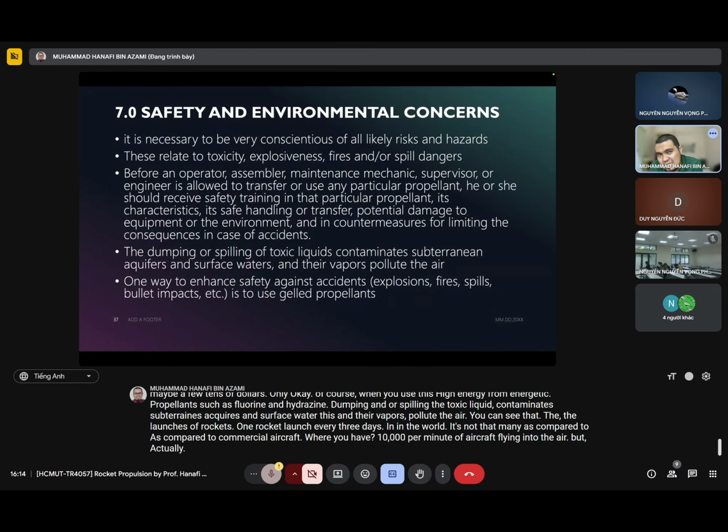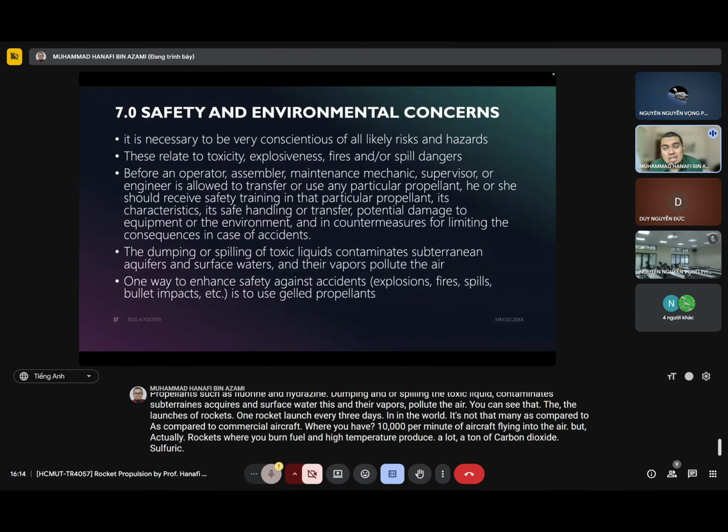But actually, rockets, where you burn fuel at high temperature, produce a ton of carbon dioxide, sulfuric acid, nitrogen oxide, which pollute the air as well at a very high range of altitudes.